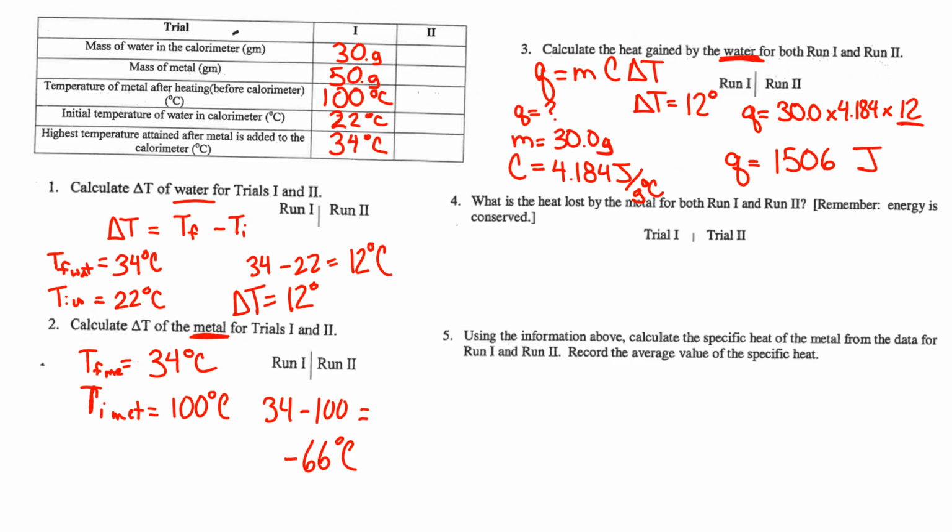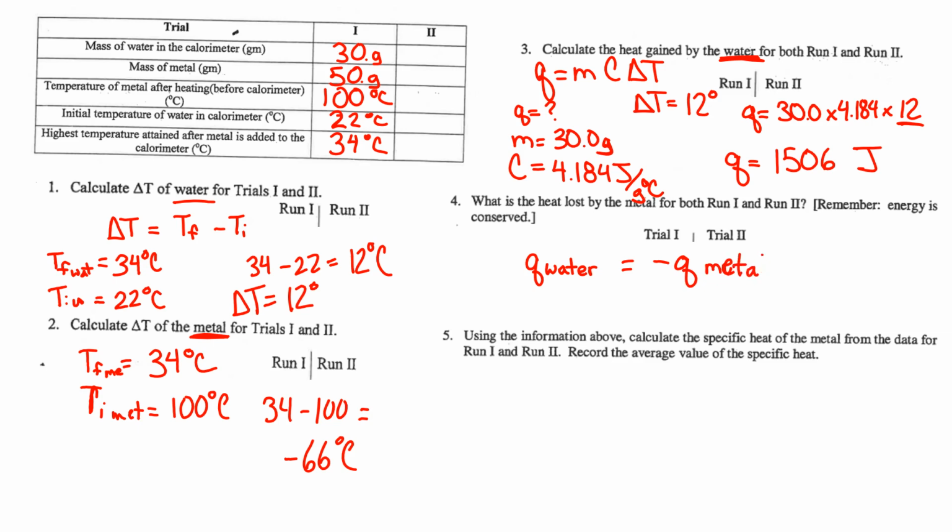What we have to understand. So it makes a note here. It says, remember, energy is conserved. So understand that the amount of heat that was transferred from the metal to the water is the same amount of heat that was transferred within the metal. So the Q of water is equal to the negative Q of the metal.